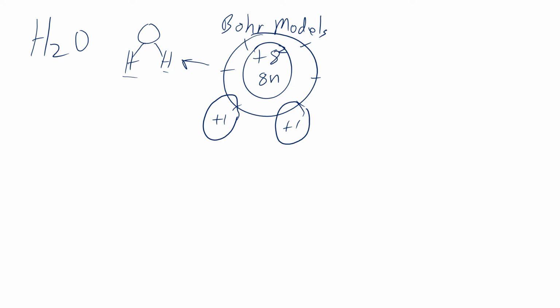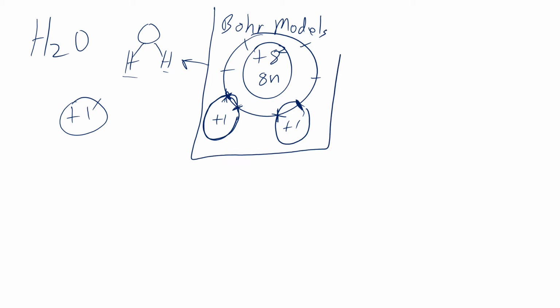Plus 1 means it's a hydrogen, and a hydrogen has 1 proton, first shell, 1 electron. So here's my hydrogen, and here's the electron from the hydrogen. This was the electron from the oxygen. Here's my electron from the oxygen, here's my electron from the hydrogen. So that's my Bohr model representation. This is one thing that you'll give me.